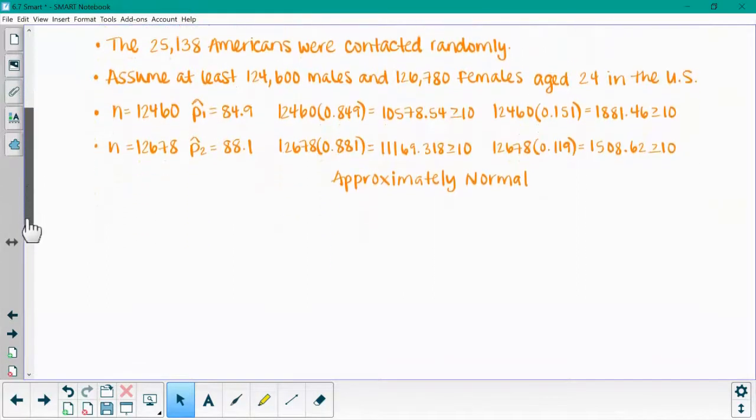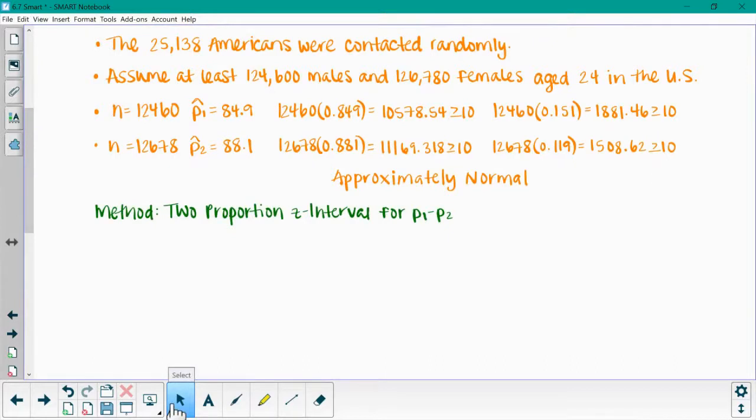Now I'm going to name my method, 2 proportion Z interval for P1 minus P2. Again, you could do P2 minus P1. A lot of the times I have students who prefer to keep that difference as a positive value because they do not like working with negatives. So technically the females have the greater P hat and they like to write that first, which is okay. I just went with P1 minus P2.